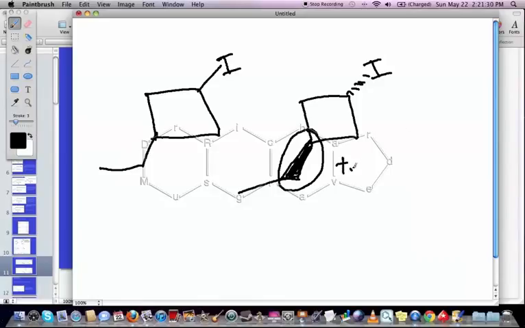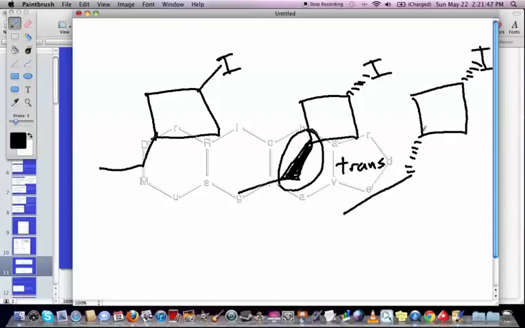So this one would be trans. The cis: I'll draw the I sticking back again, but now I will draw the ethyl sticking down as well. And again, all I'm interested in is showing the disposition of this bond. This one is the bond that's going to be sticking down. Since they're both sticking down, that makes that cis.